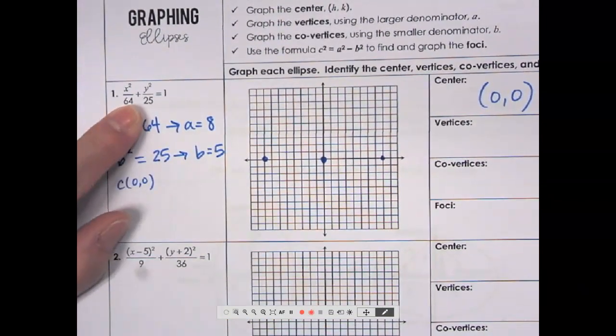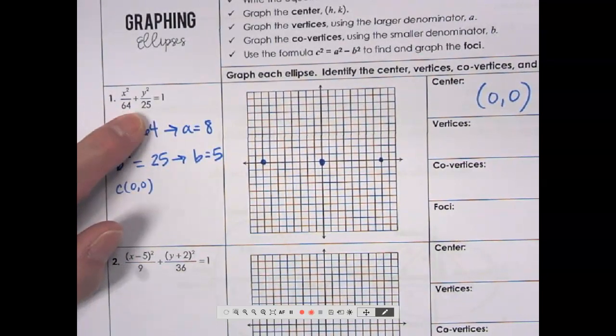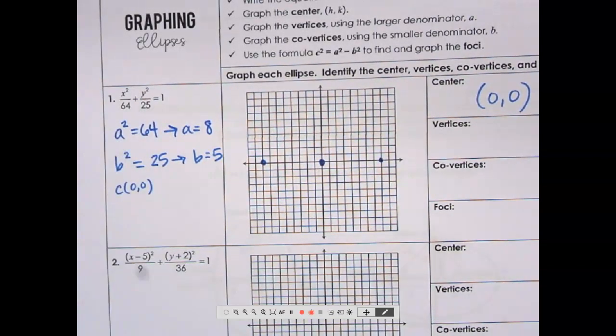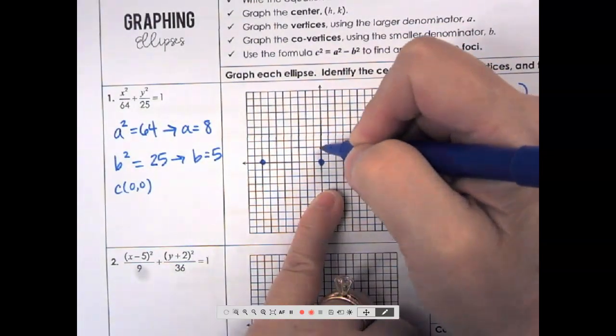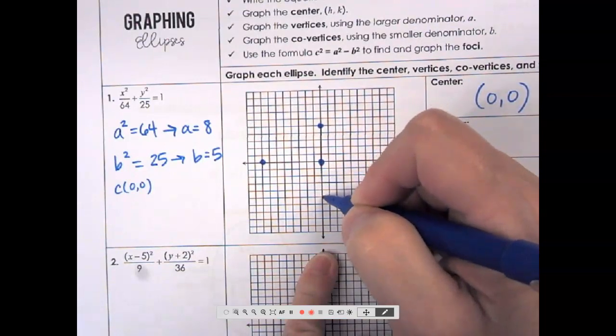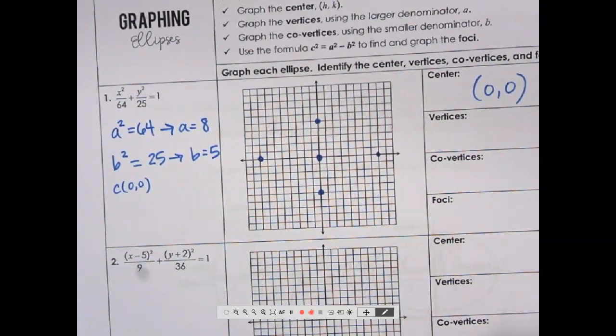Okay, the 25 is under the y squared. So that's telling me, hey, this 5, because the square root of 25 is 5, is going in the y direction. Well, y direction goes up and down. So from the center, I'm going up 5 and down 5. And those are the 4 points that we're going to connect for our ellipse.